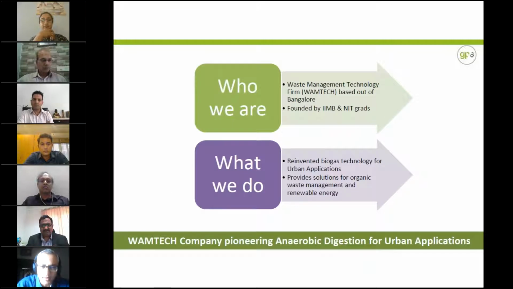Yeah, right. So just on that, we are basically a waste management technology company, compared to a pure play power kind of situation. We are into waste management primarily, and the product itself was chosen by the founders, who had both engineering and management expertise and wanted to do something on the social impact side.